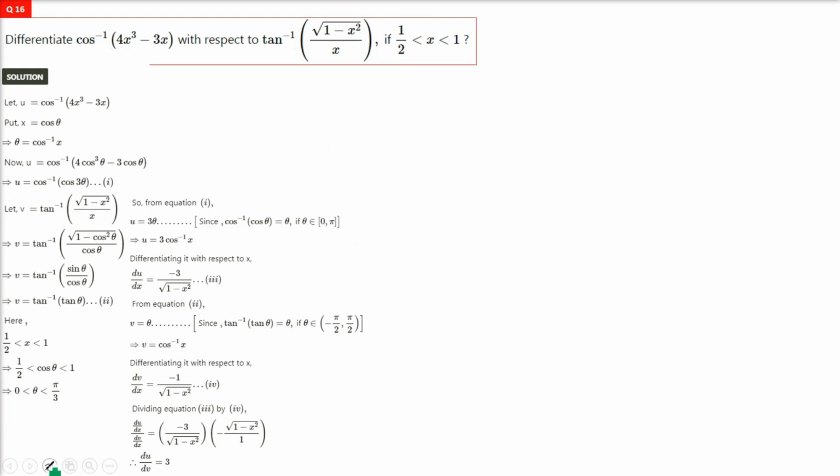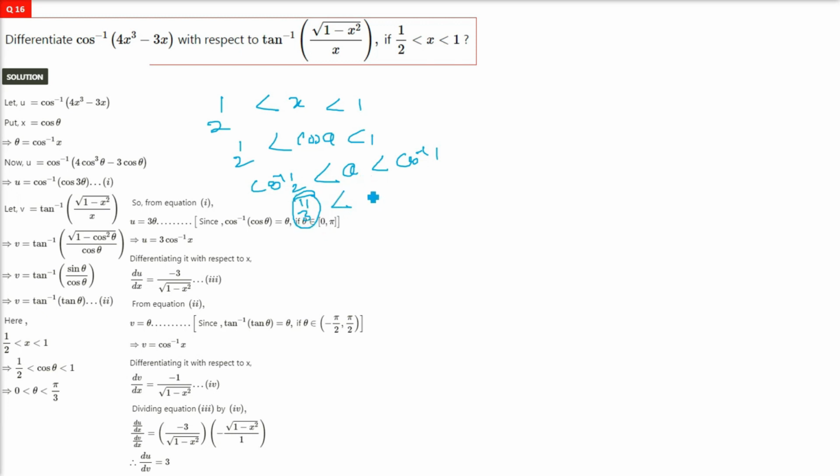Now coming to if you want to check, then you already know how to check. X is between half and 1. Okay. So we have taken it as cos theta. It is between half and 1. So theta is going to be between cos inverse half and cos inverse 1. So you know already this. One is 60 degree, one is 0, because cos inverse 1 is 0. Cos inverse half is pi by 3.